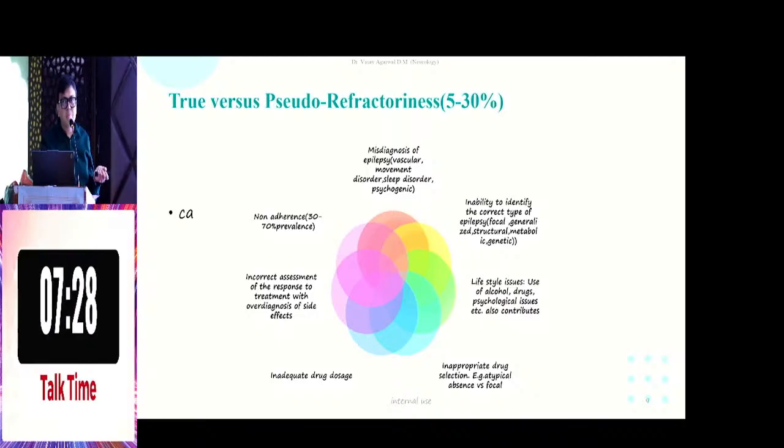Most common is misdiagnosis. Among misdiagnoses, vascular is very common. Syncope is very often misdiagnosed as epilepsy. Movement disorder, Dinesh sir has very nicely presented videos, especially hyperkinetic movement disorders like chorea. They can be misdiagnosed as epilepsy, as myoclonic epilepsy, which is very common. And to add confusion, both myoclonus and chorea are controlled by valproate.